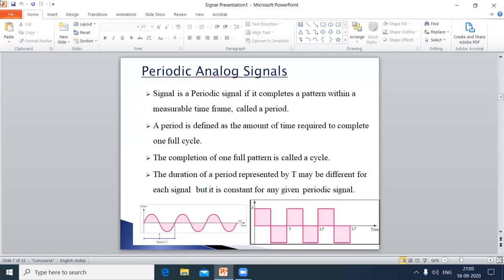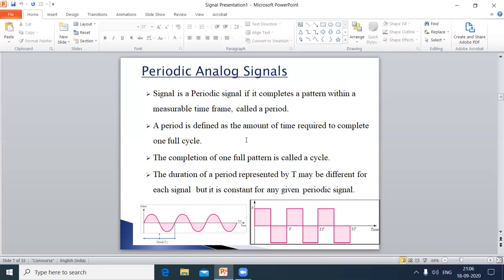A signal is periodic if it completes a pattern within a measurable time frame, called a period. That means from the start of the curve to the end. The space between starting point and ending point is called the period.